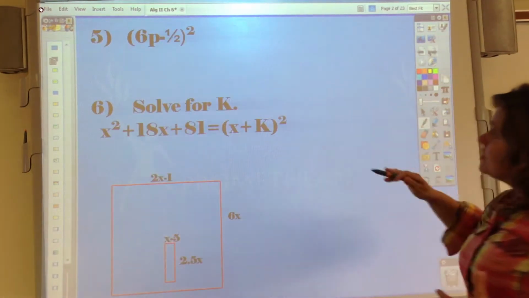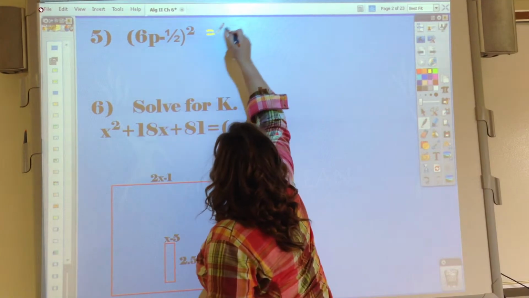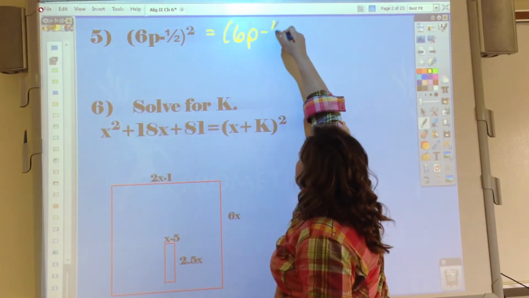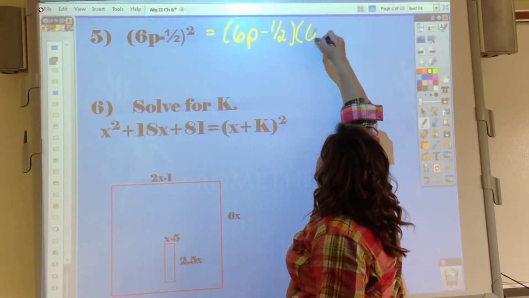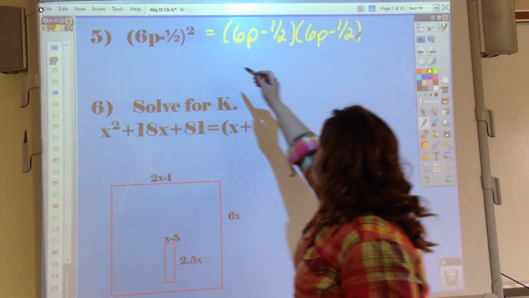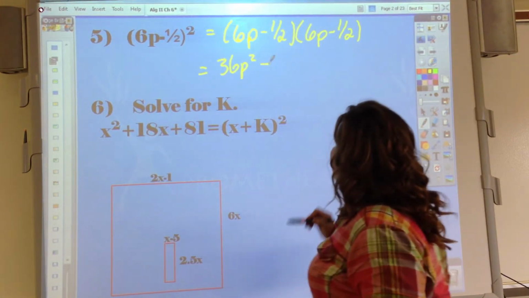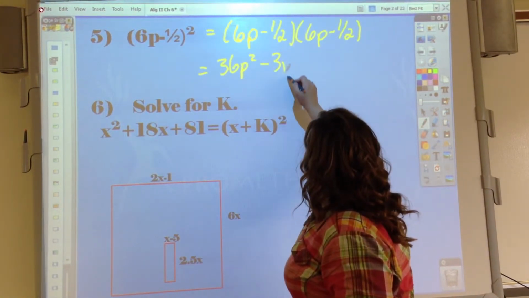But before you go, let's go ahead and talk about 5 and 6. Number 5 is going to deal with some fractions, but we do it the exact same way. I'm going to write 6p minus 1/2 times 6p minus 1/2. And again, I'm going to use FOIL. I get 36p squared. 1/2 times 6 gives me a negative 3p.